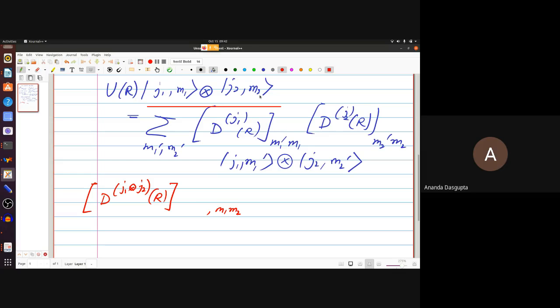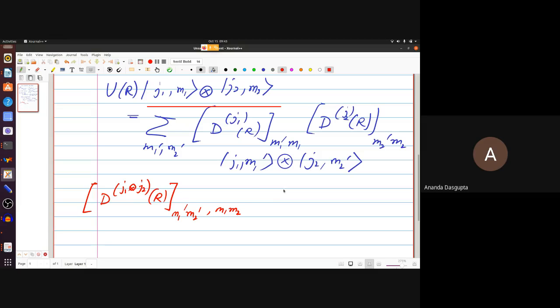Just to point out how many M1, M2 pairs there are: M1 takes 2J1 plus 1 values, M2 takes 2J2 plus 1 values. So the number of pairs is (2J1 plus 1) times (2J2 plus 1), which exactly spans the entire space. That's how big the basis should be. So M1, M2 is a single index. On this side you have M1 prime, M2 prime, which is also a single index. So basically you are talking about a (2J1 plus 1) times (2J2 plus 1) dimensional matrix, that's the number of rows and the number of columns.